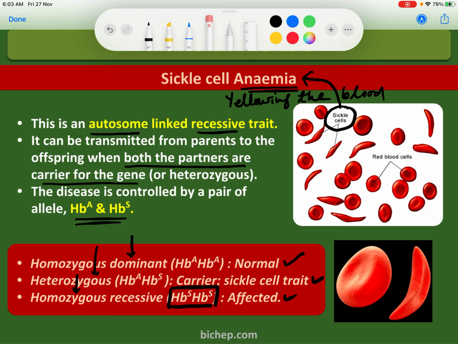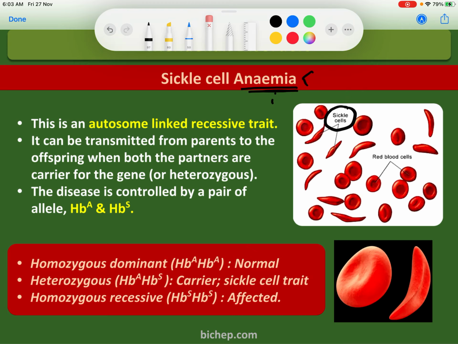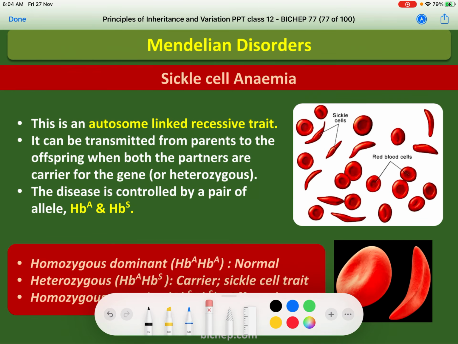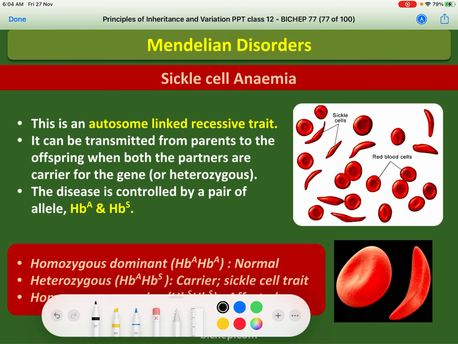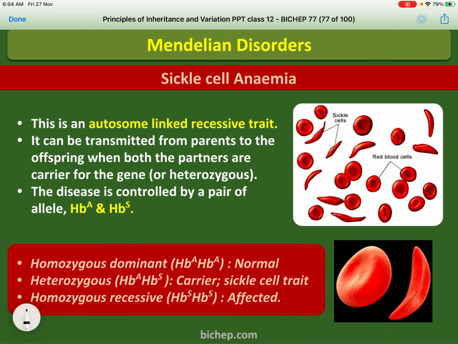It is having anemia. So, anemia is nothing but dealing with the oxygen carrying capacity. It is a reduction in oxygen carrying capacity due to abnormal structure of RBC, right.